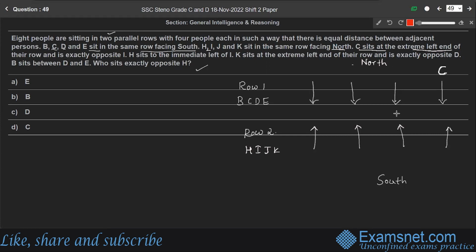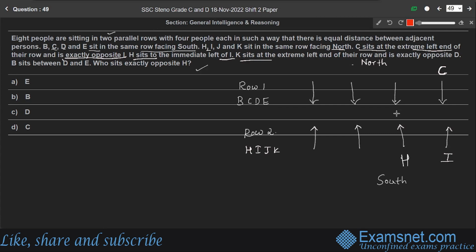C is sitting here, right? And is exactly opposite I. So C is opposite to I. Therefore, I sits at the extreme right end of row 2, right? And H sits to the immediate left of I. Since I is facing north, I's immediate left means this position where H is sitting.